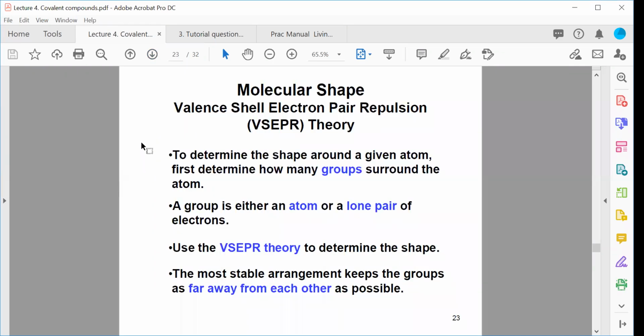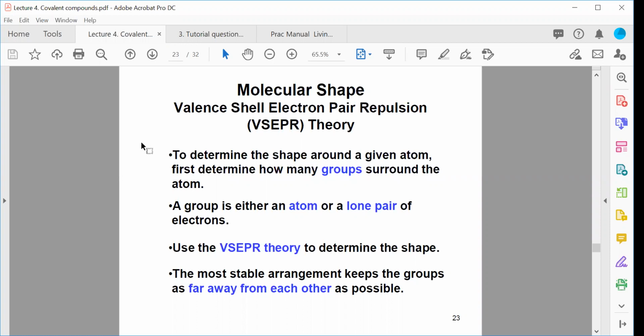And now we're going to very briefly cover this theory which describes the shape of molecules, the geometry of molecules. The theory is called VSEPR, valence shell electron pair repulsion.